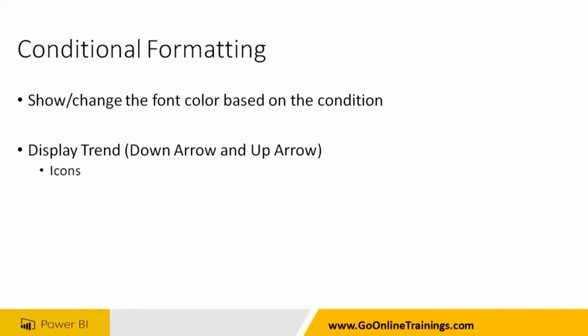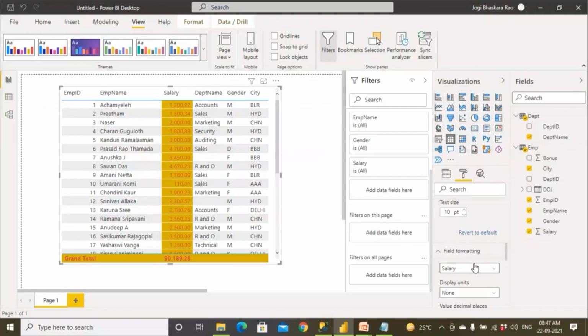So I want the font in a different color based on the condition. The condition is: show me the salary font in red if the salary is less than 20,000 or 5,000, else I'm going to show it in some other color. That is what is called conditional formatting, the next option.